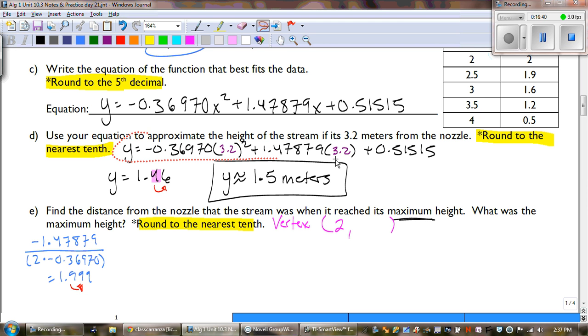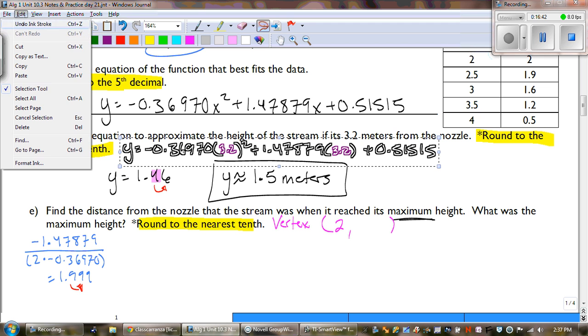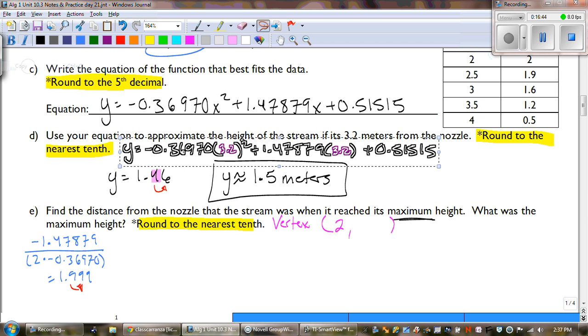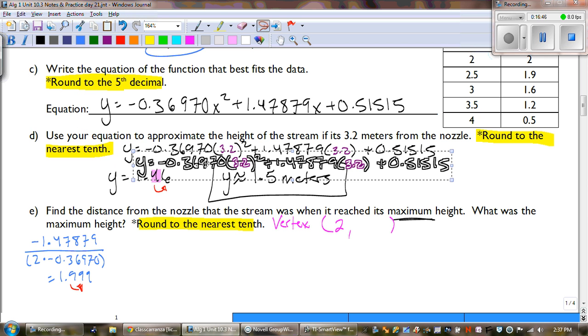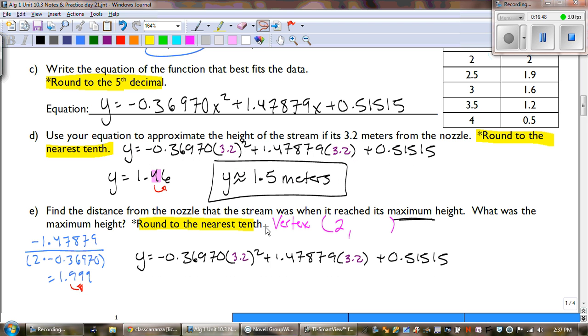So we're going to take all of this. Man, I bet you guys wish you could do this right now. Okay? Except I'm not plugging in 3.2 anymore. Now I'm just going to plug in 2. And when you get that, and after you round, you should get an answer of 2. So the last thing to say, we got to write a sentence about this.